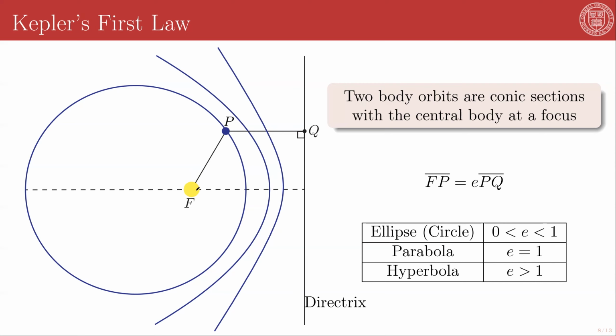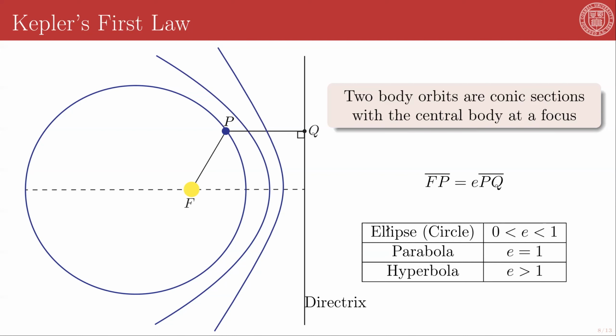We can draw a line segment between the focus F and any point on the conic section P. The ratio of the length of this line segment FP to the line segment PQ, which is a height from the point on the conic section to the directrix, is given by the eccentricity e, such that the length FP is equal to e times the length PQ.